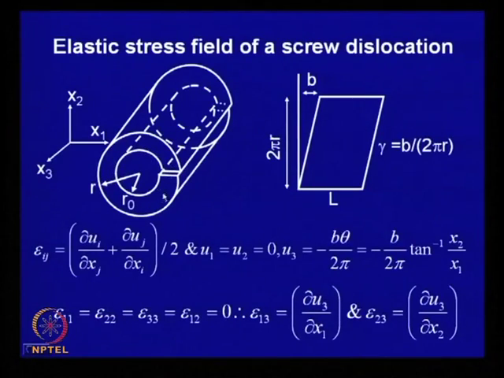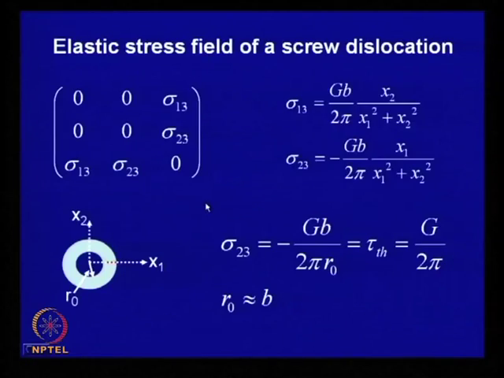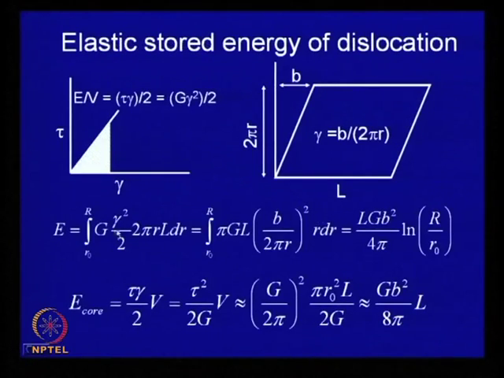That means at a definite r the stress is the same, but as you go beyond, the stress or strain keeps on changing. So, in order to calculate the stored energy per unit length of the dislocation, you have to consider a thin cell like this of thickness, let us say dr, repeat this calculation, which is shown here, and integrate.